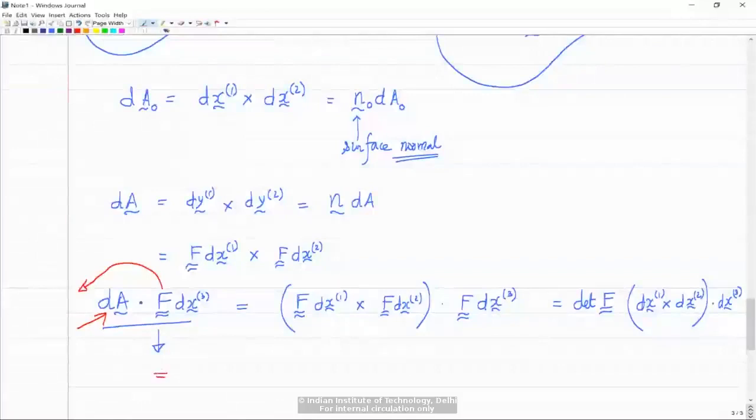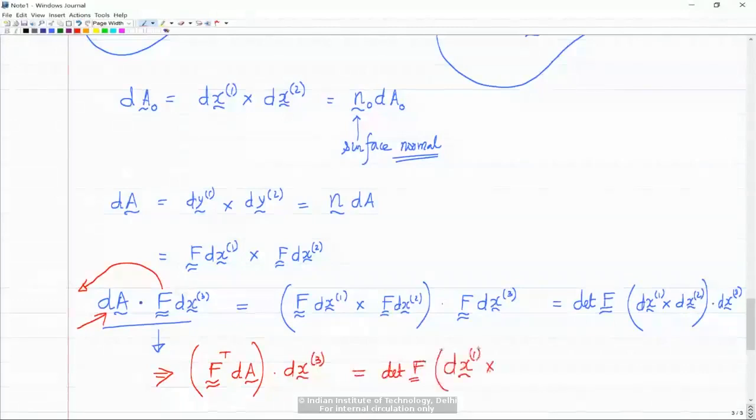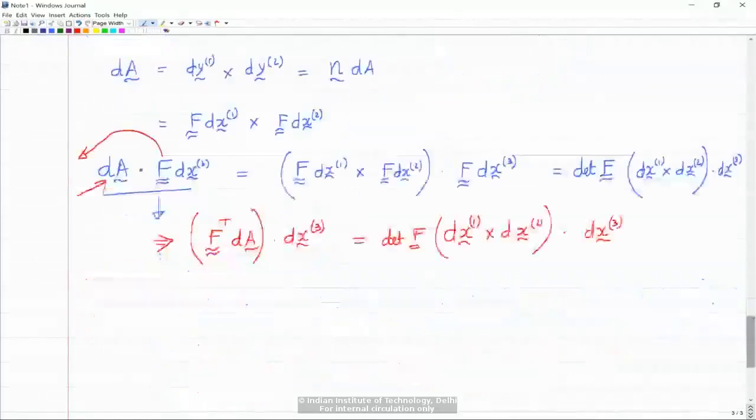So I could write it as F transpose dA dot with dx3 is equal to det F into dx1 cross product dx2 dot with dx3, right?